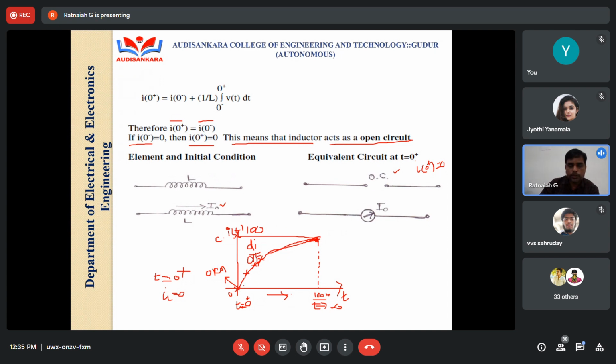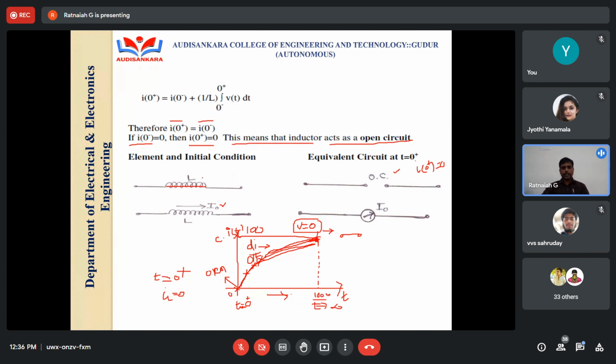So di by dt is not 0 from 0 up to the maximum value. While coming to this maximum value, this I will be constant, then di by dt is nothing but 0. That means the voltage of an inductor is 0. If the voltage of the inductor is 0, then that inductor will act as a short circuit. That means this inductor we can take as a straight line, in case of steady state or final condition.